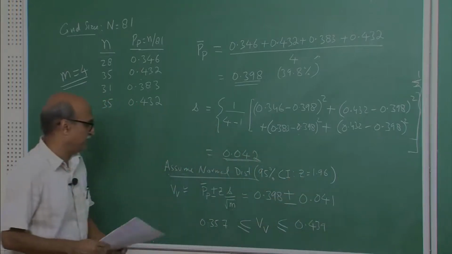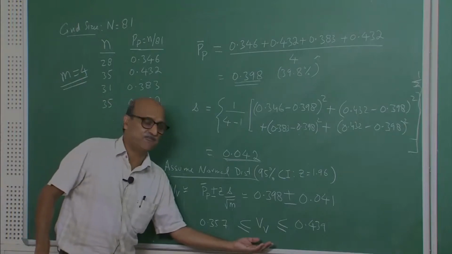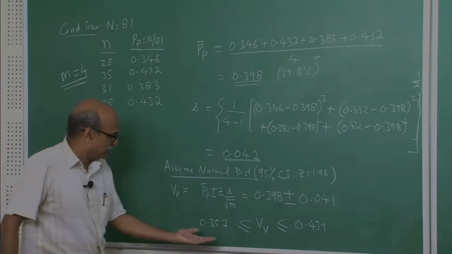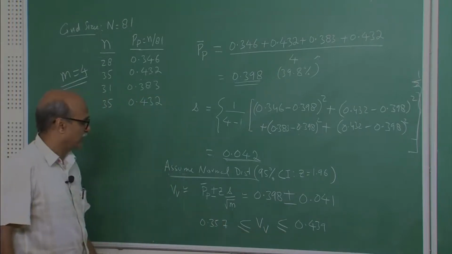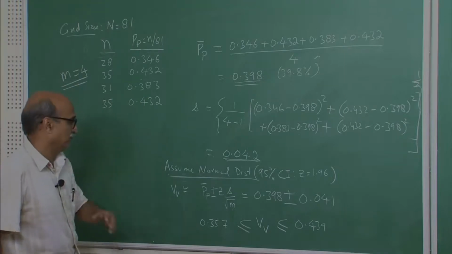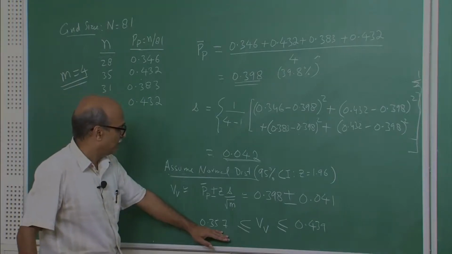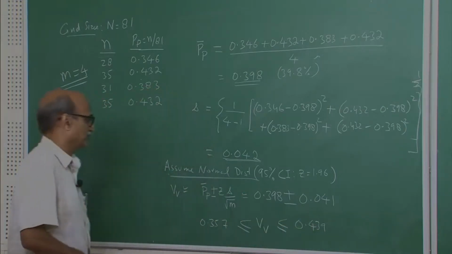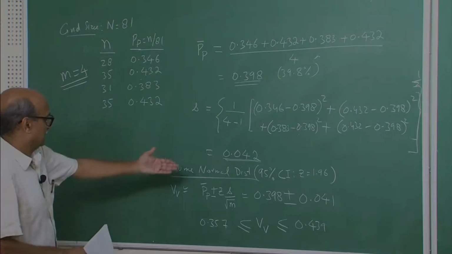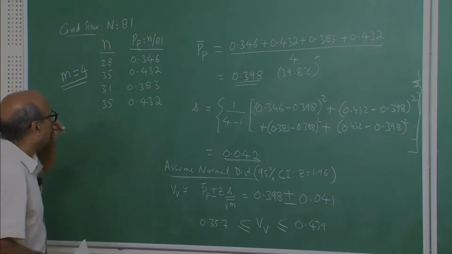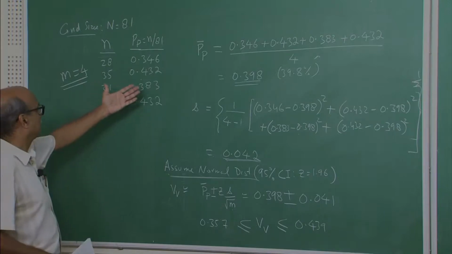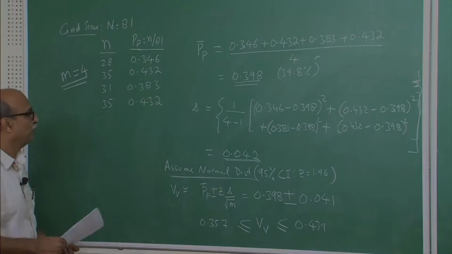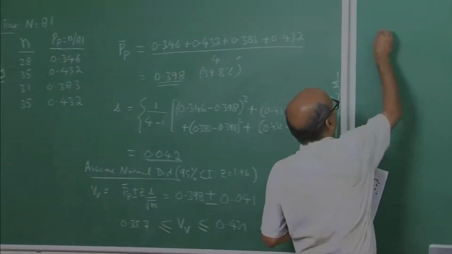So, what I am saying here is that at the 95% confidence level, the range over which I expect the volume fraction of the graphite nodules for the particular sample to lie is between 35 or 36, roughly 36%, to about 44%. But we had assumed a normal distribution. However, we have very few points, just 4 points. So, it may be more prudent to assume a t distribution.